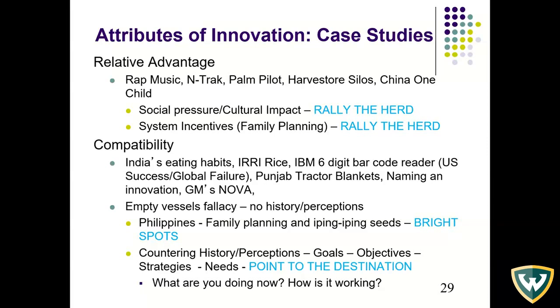Compatibility, so India's eating habits, the different types of rice. I thought that was a really good example because that one is used often, where it was a phenomenal innovation for improving hunger. You got a significant improvement in the production of rice, and the whole idea was to contribute to the hunger problem in these developing nations.